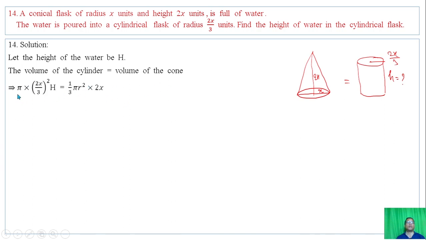Volume of the cylinder is pi r square into h, and the volume of the cone is 1 by 3 pi r square h. Simplify, we get h equal to thrice x by 2 units.